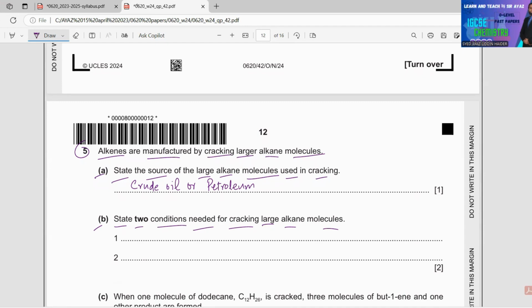You can have thermal cracking, so you will write thermal or high temperature, and for catalytic cracking, we use a catalyst. So I will write high temperature. Then we have a catalyst.